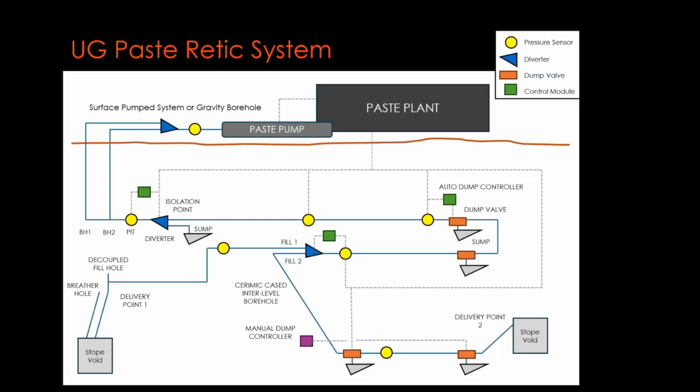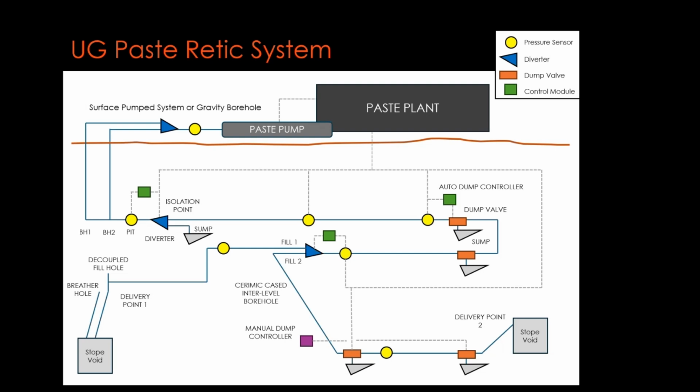So here you can see a basic layout of an underground paste fill system. We have in the top right-hand corner the legend showing the pressure sensors, the diverters, the dump valves, and the control modules. Starting from the surface, we have a paste plant and a paste pump or a gravity-fed system. We have a surface borehole pressure sensor, and we have a diverter that can select one of two boreholes in this instance.